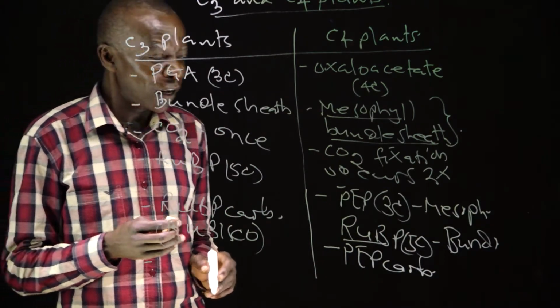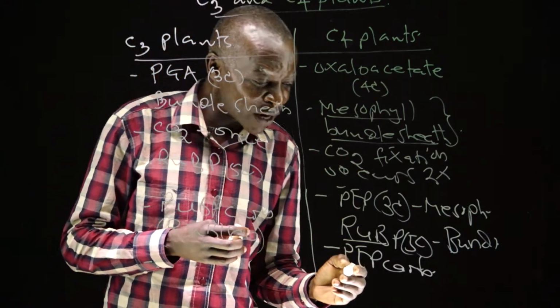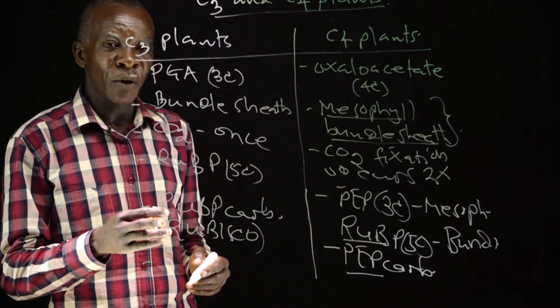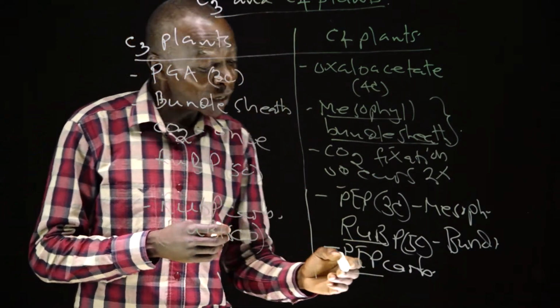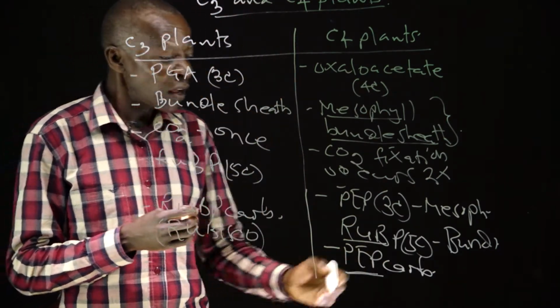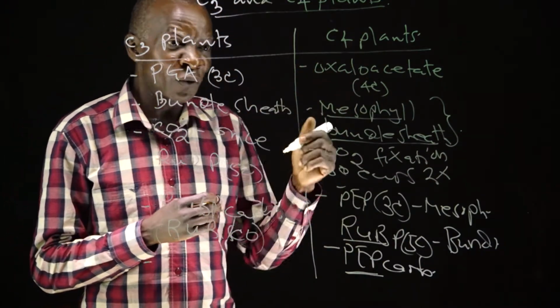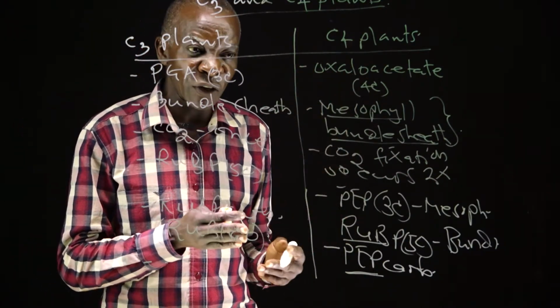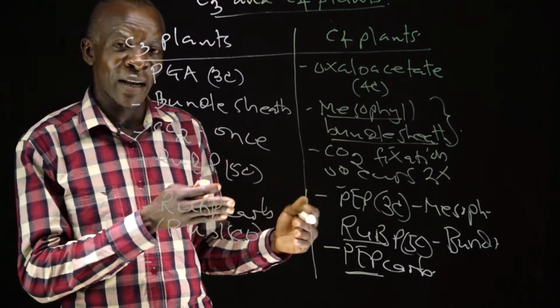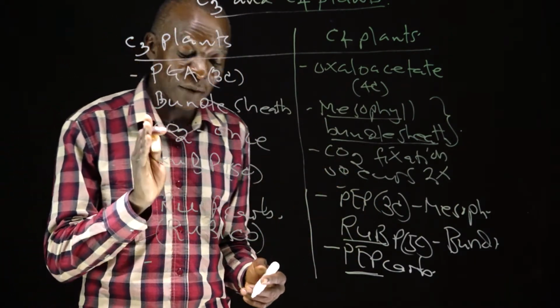I mean, it has a higher affinity for carbon dioxide. And for that reason, it is more efficient. Therefore, the C4 plants are tolerant to low carbon dioxide concentration. They can survive well in areas with low carbon dioxide concentration compared to the C3 plants.